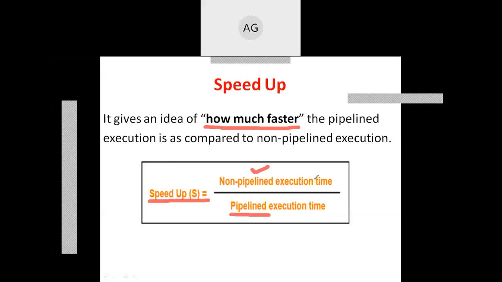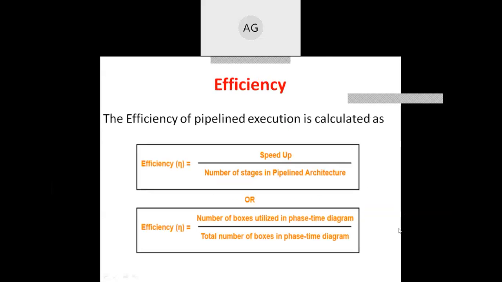By calculating the speed up, we can find out how much faster the pipelined execution is than the non-pipelined execution. You just need to remember it: speed up means non-pipelined execution time divided by the pipelined execution time.